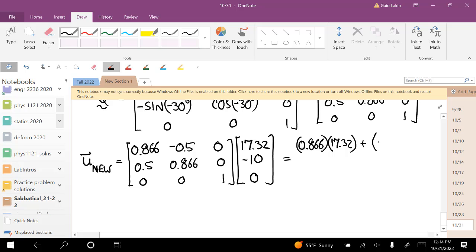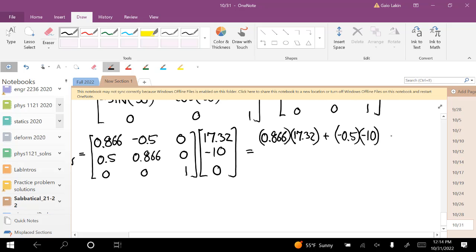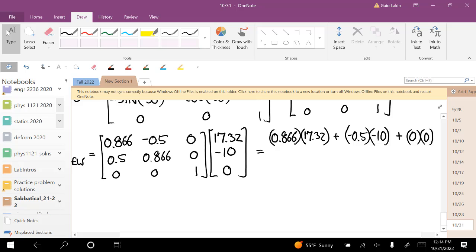Plus negative 0.5 times negative 10, plus 0 times 0. For the second one, you get 0.5 times 17.32, plus 0.866 times negative 10, plus 0 times 0.